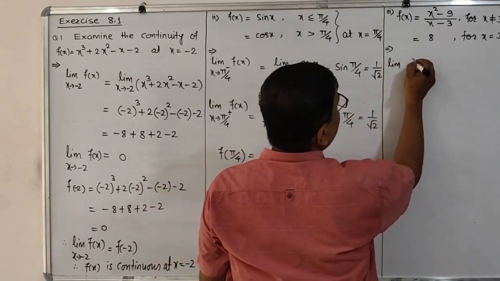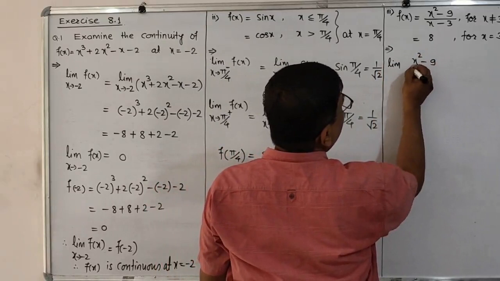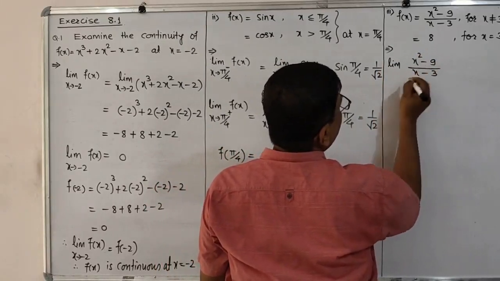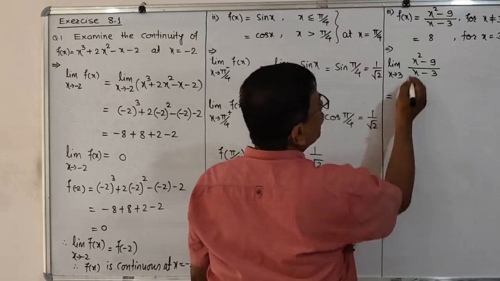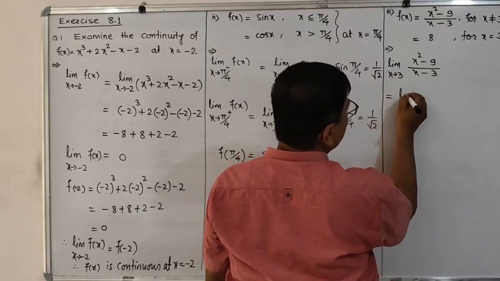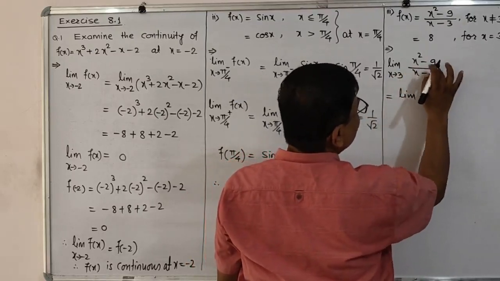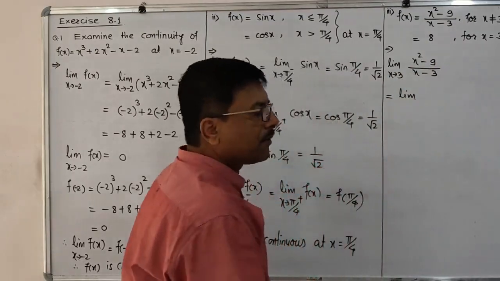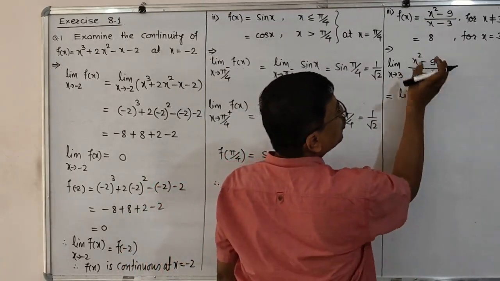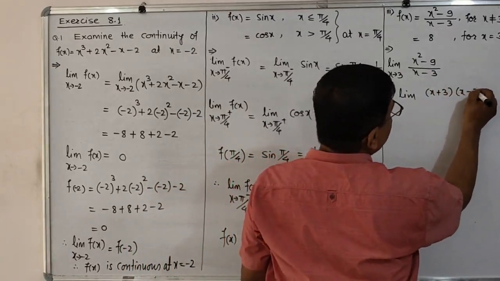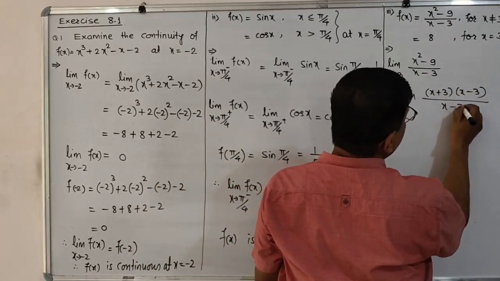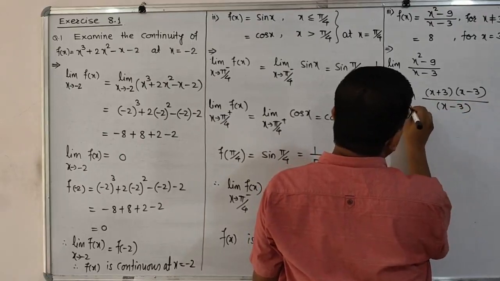Limit of x square minus 9 upon x minus 3 as x tends to 3, that is equal to limit of, now x square minus 9 upon x minus 3, it has two factors, x plus 3 into x minus 3 divided by x minus 3 as x tends to 3.